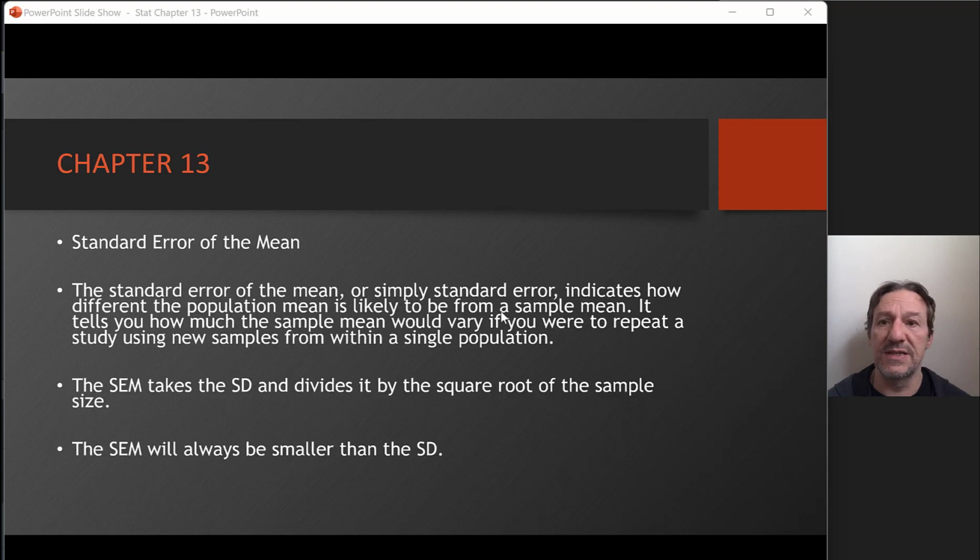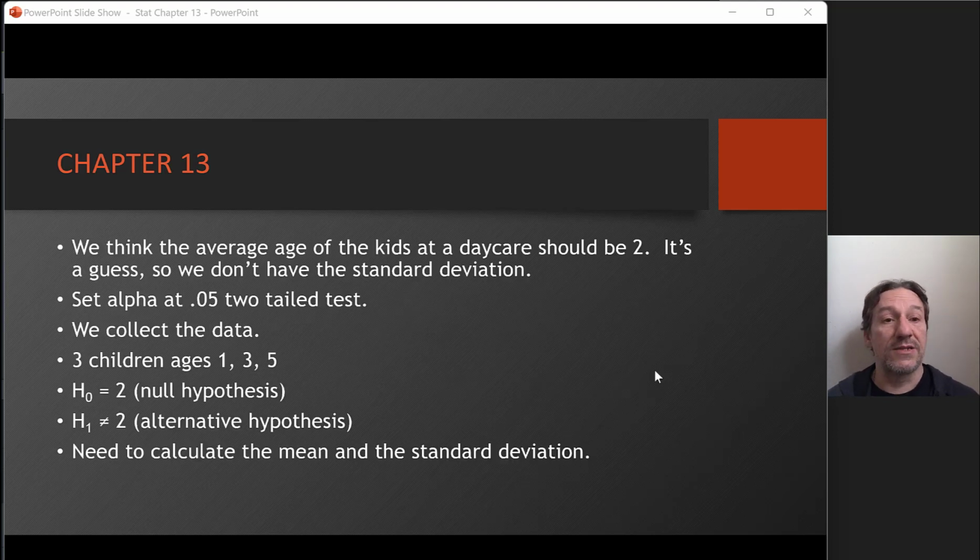A couple of other ways of saying it. The standard error of the mean indicates how different the population is from the sample mean. And yeah, to get that SEM, standard error of the mean, you divide the standard deviation by the square root of the sample size. And obviously the SEM is always going to be smaller than the standard deviation because it's being divided by your n.